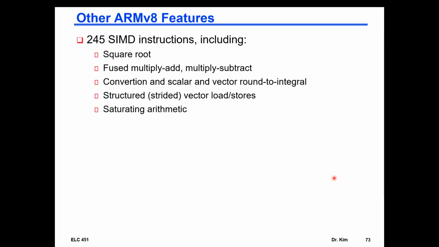Now remember that this part of the ISA that we're talking about is the actual full-fledged ISA of the ARM version 8 ISA. It's not the LEG that we are discussing in the book. So this ISA specifies 245 vector type instructions.